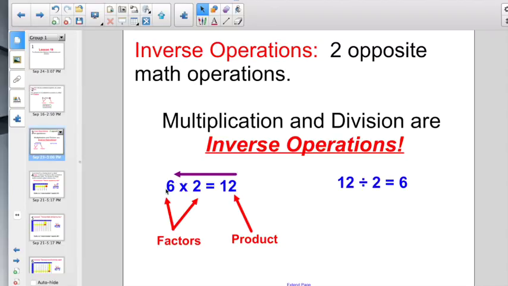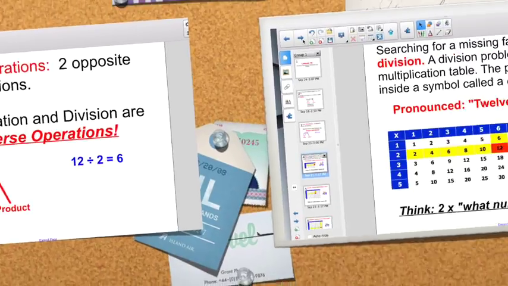If you had the factors of 6 and 2, 6 times 2 gives you a product of 12. Well, if we just reverse that, 12 divided by 2 would give you 6. This gives us the basis of our fact families, if you remember those.